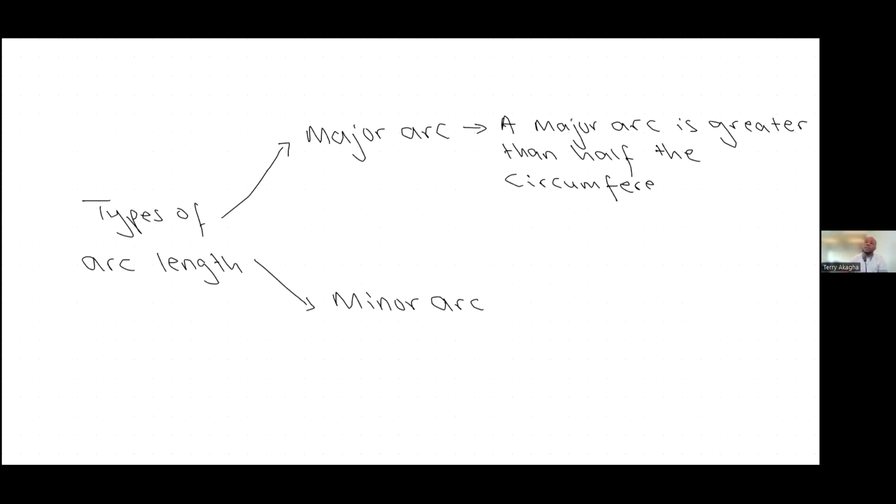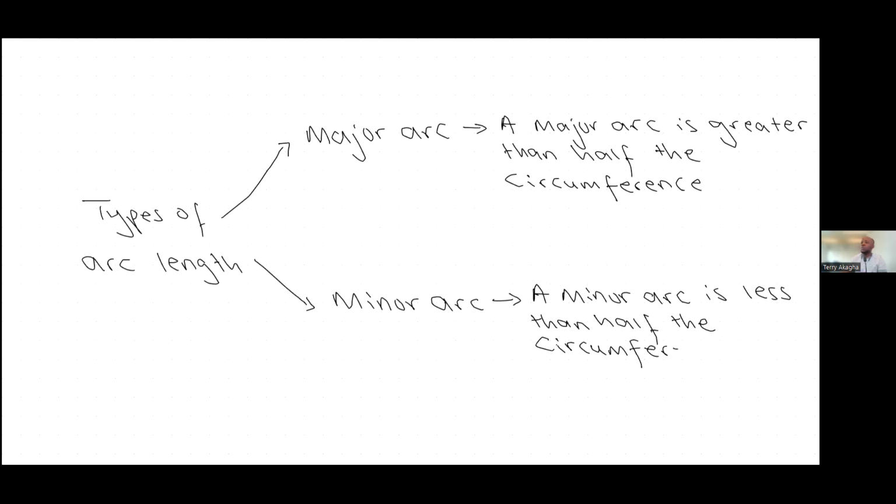Then the reverse is for the minor arc. A minor arc is less than half the circumference.